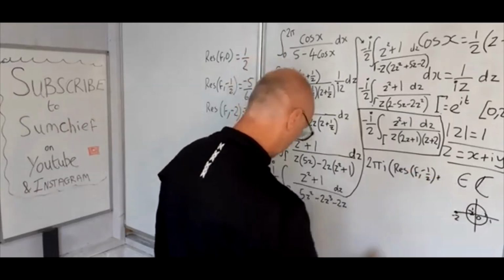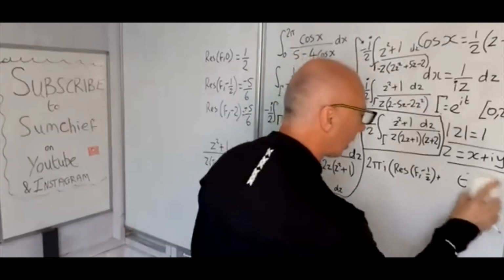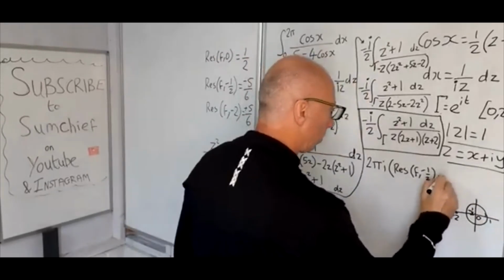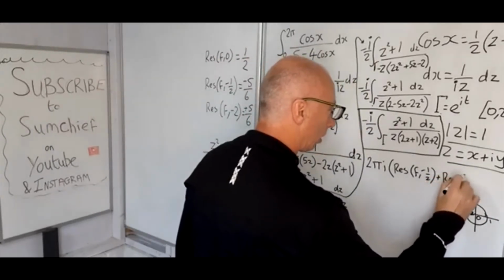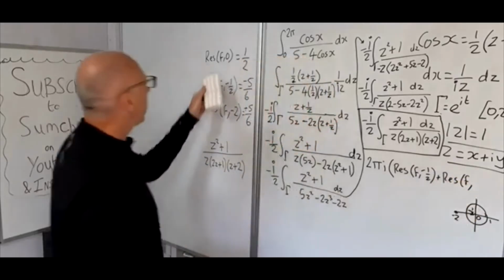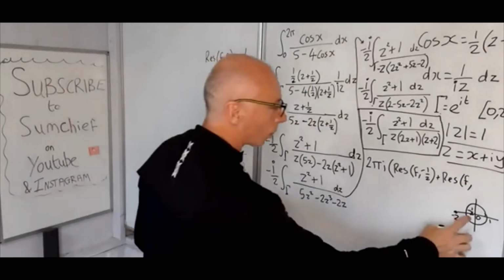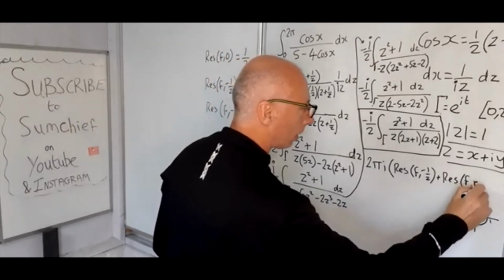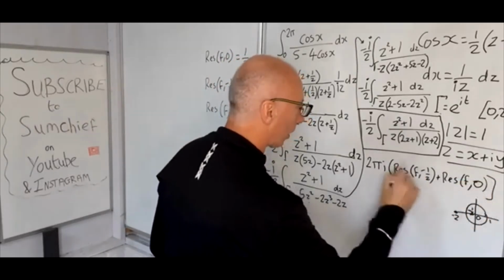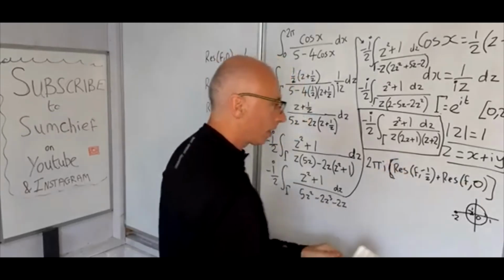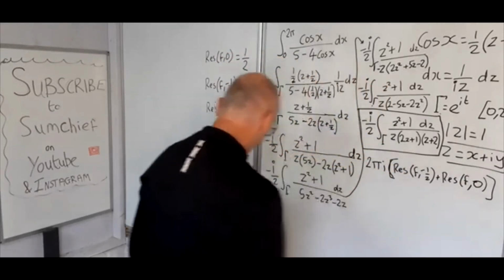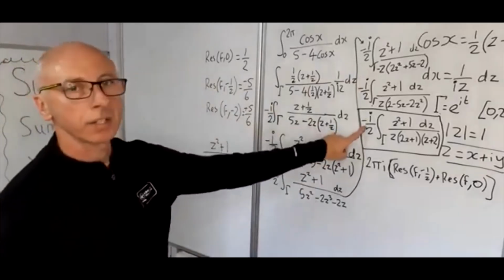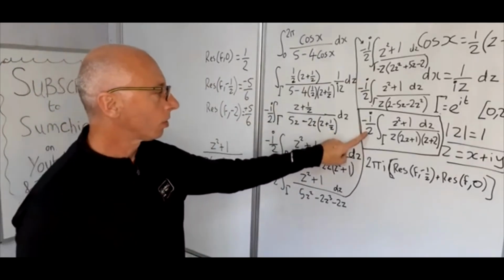plus the residue of f at 0. Obviously those are the 2 points that are in there. The minus 2 we're not interested in. That doesn't count for us. Now one thing just to be careful of with the integral here, we also have a minus i over 2, which is a constant multiple.